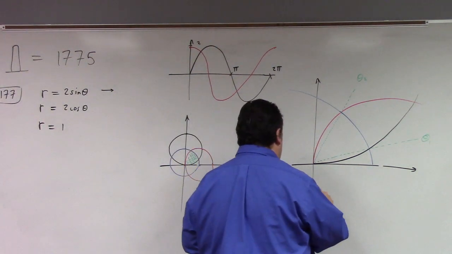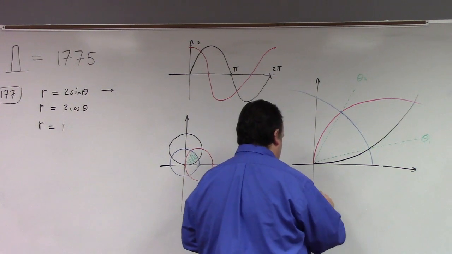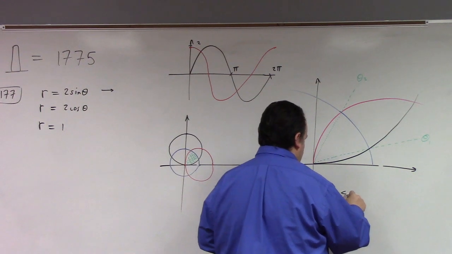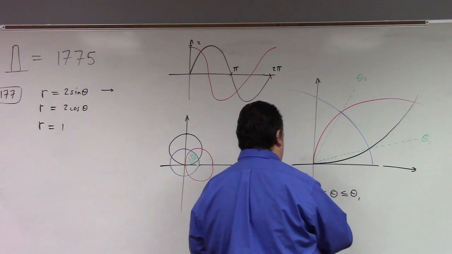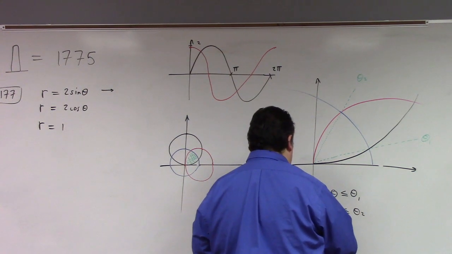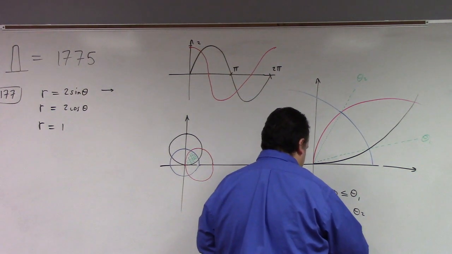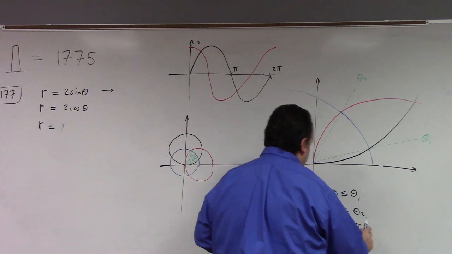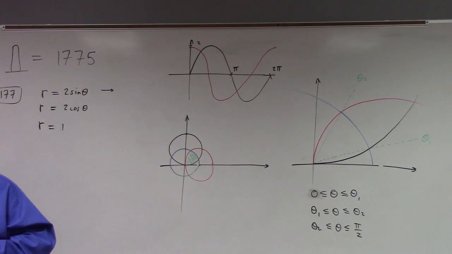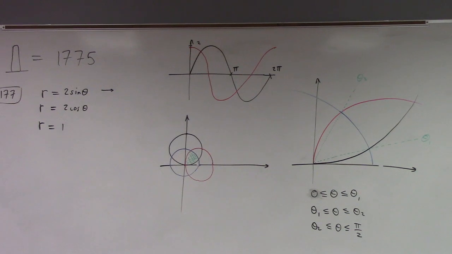You have 0 less than theta less than or equal to theta 1. You have theta 1 less than or equal to theta less than or equal to theta 2. And you have theta 2 less than or equal to theta less than or equal to pi over 2. These are the three regions to think about for the area we're trying to bound. So we have to find those angles and break it up and treat it as such, because the inner radius and the outer radius are different in these three cases.